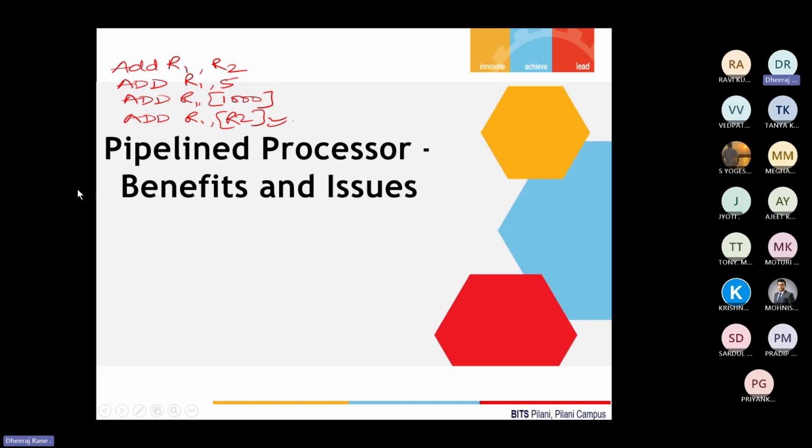I think by the notation you may be clear what exactly these addressing modes are. This is your register. This is your immediate in terms of this 5, because we are providing the value directly. This is your direct memory addressing, where we are providing the address of the variable, and this is register indirect addressing.